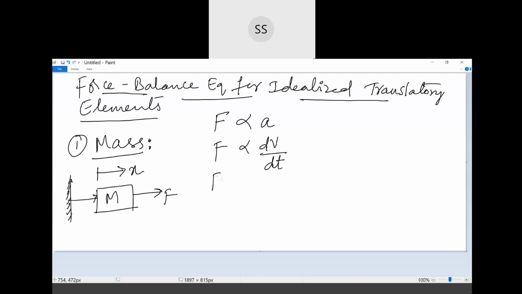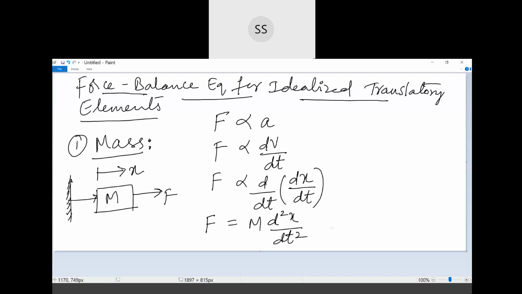Velocity is nothing but dx by dt, the rate of change of displacement. Or you can write f is equal to m into d square x by dt square. This represents the force balance equation for the mass element.